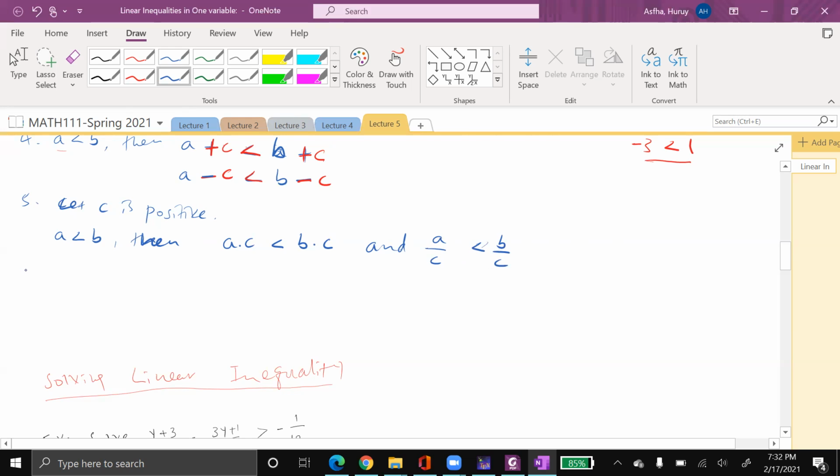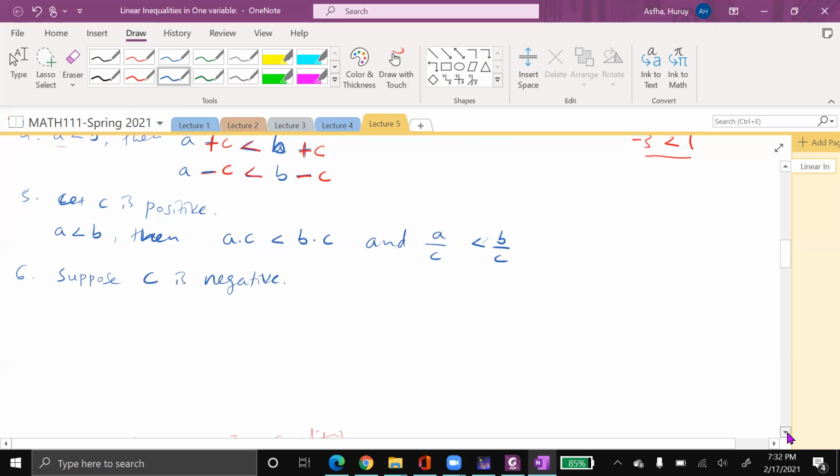Okay. Now is the trick, a bit like you need to understand this one. Okay. And I will try to make it as simple as possible. So let's see, or suppose, I think that's better, C is a negative number, or negative real number, okay?